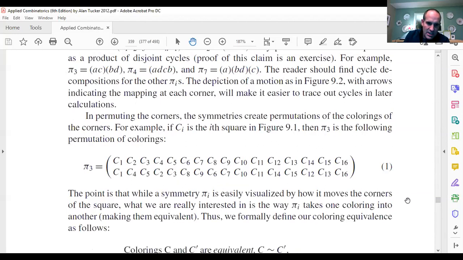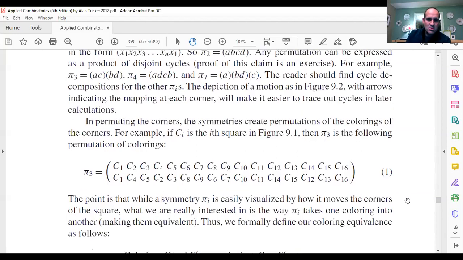Now, this part right here is where I start to get a little nervous with some of the notation, because you have the permutations themselves, which you write like this, but then in my opinion, they muddy the waters by writing pi 3 equals to this junk right here, okay?